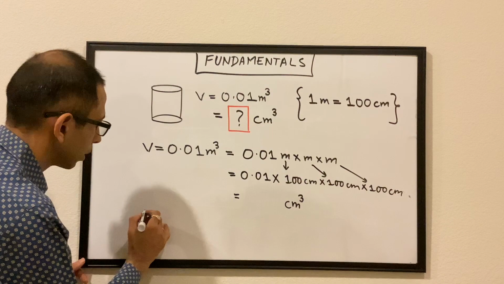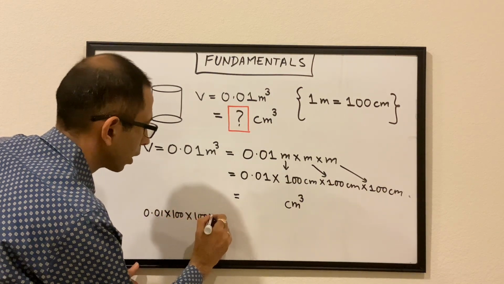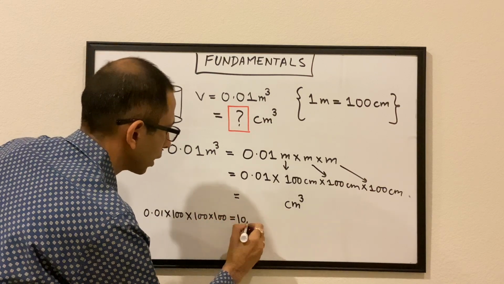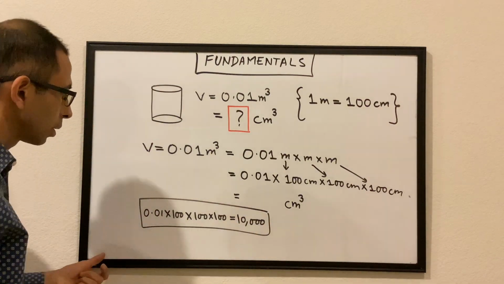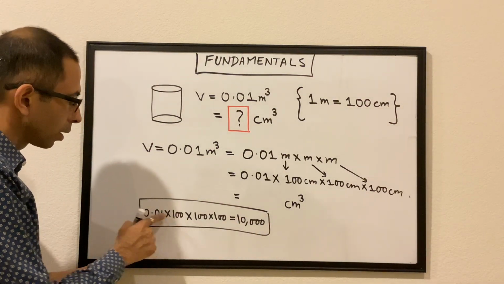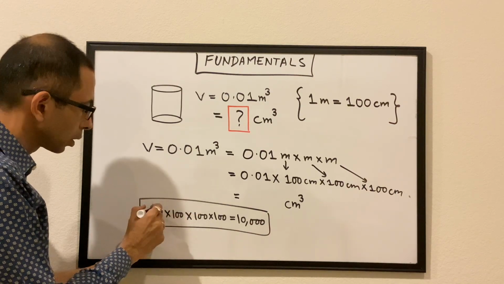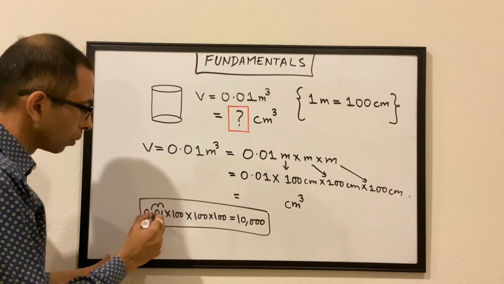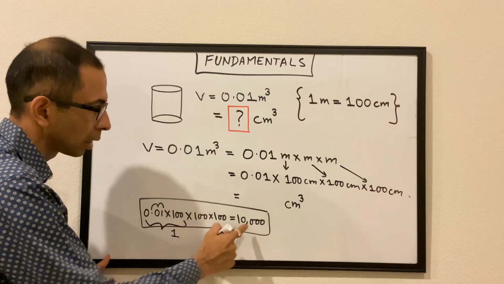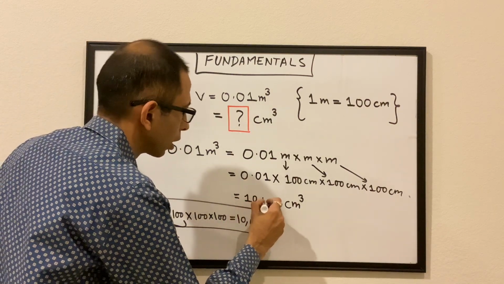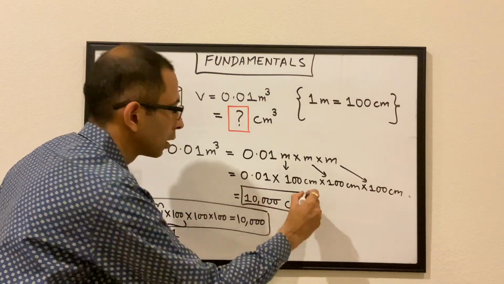The numerical part is nothing but 0.01 times 100 times 100 times 100, which is equal to 10,000. We have seen in the previous session how to deal with decimals. When we multiply this decimal by 100, the decimal moves to the right by the number of zeros. So here we have 2 zeros, so it moves to the right by 2. Essentially these two become 1, and 100 times 100 is 10,000. So the volume of this cylinder in centimeter cube comes out to be 10,000 centimeter cube.